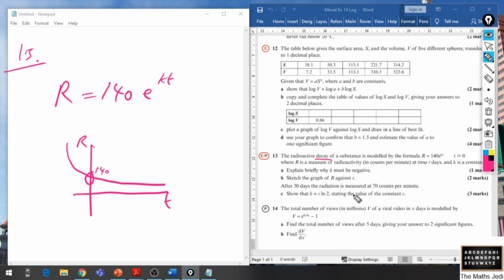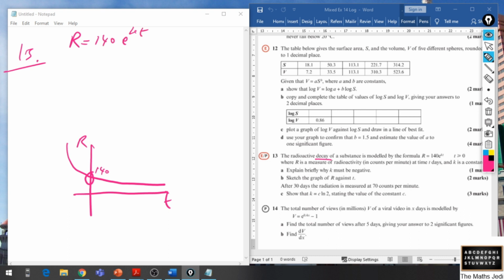It says after 30 days, the radiation is measured at 70 counts per minute. Show that k equals c log 2, stating the value of the constant c. So we've been given some values here. Let's go back to my formula again.